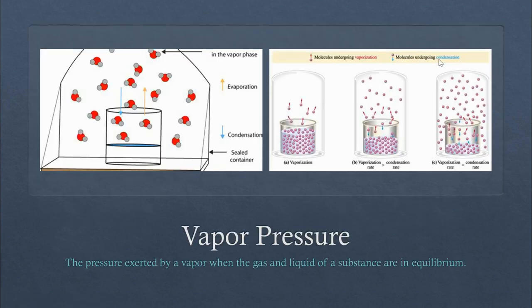So with both of these processes, the intermolecular forces need to be overcome. These intermolecular forces in this liquid, the forces of attraction between all of these molecules, hold them in their liquid form. When they break at the surface, then the liquid becomes a gas.